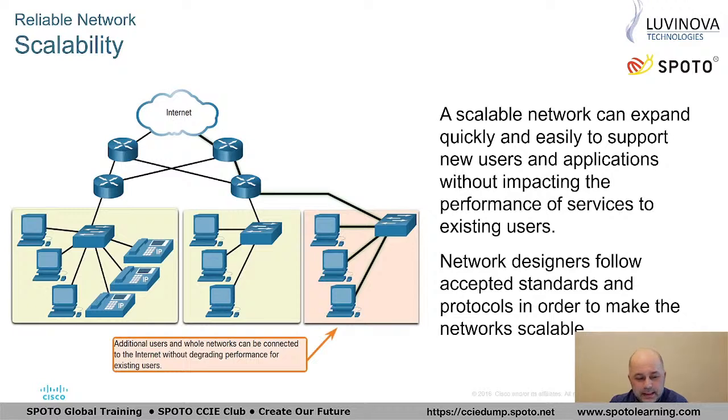Scalability. Scalability is another feature that we must have in our network. Why? Imagine that you're a company and you are preparing your devices. So you ordered 1,000 computers, you order all network equipment, everything. But in the future, after 1 or 2 years, you see that your clients triple. It means 3 times more.